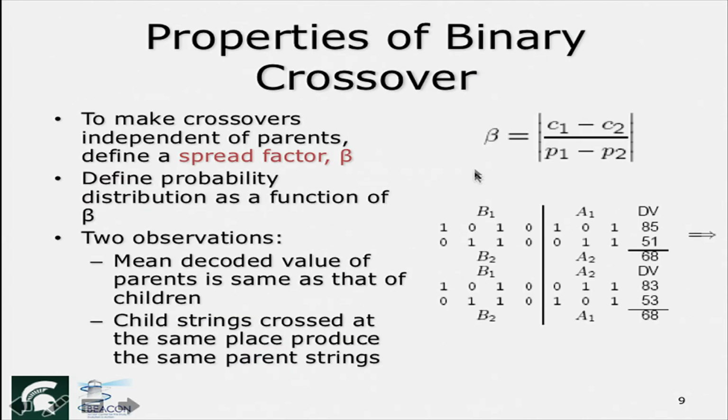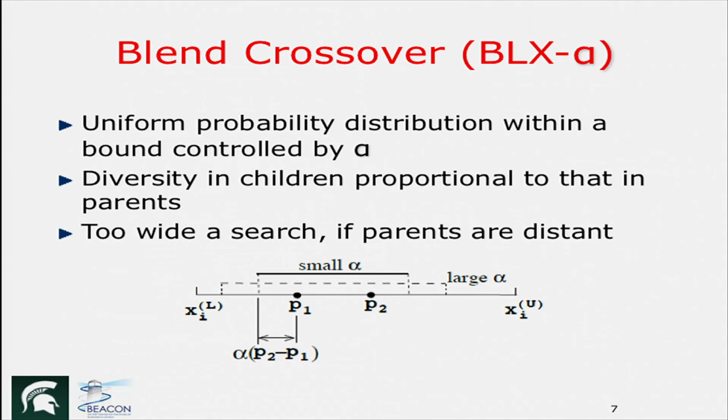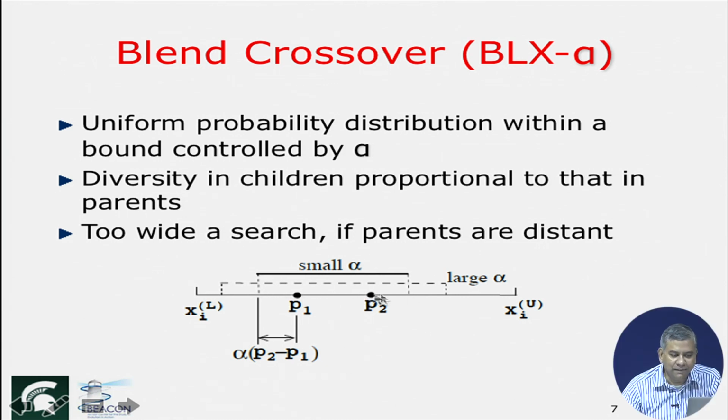What is beta equal to 2? Greater than 1. So now the difference between the two children is twice the difference between two parents. So in this case, with alpha equal to 0.5, this distance will be twice this difference. So two children are here and there. Now I can go beta equal to 3, then I will be here and here, right?